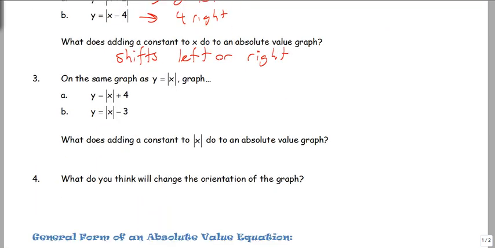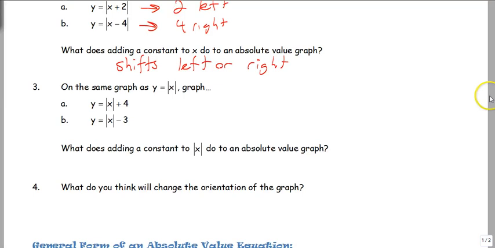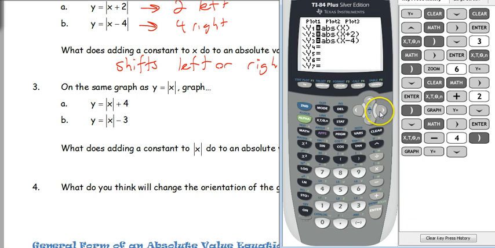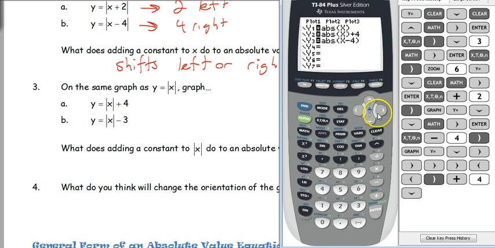Alright, so now we have the next shifts that we have to look at, which are the absolute value of x, and then outside of the absolute value, we're going to add 4, and outside the absolute value, we're going to subtract 3.